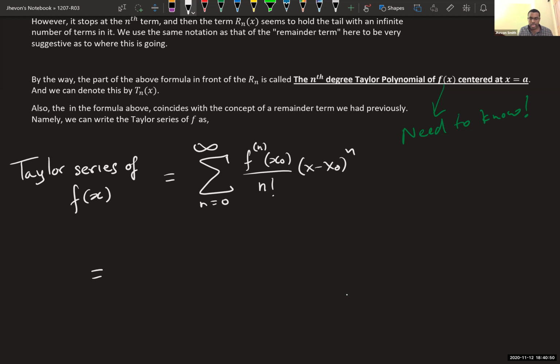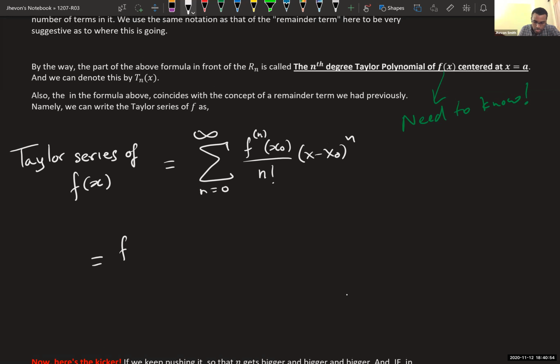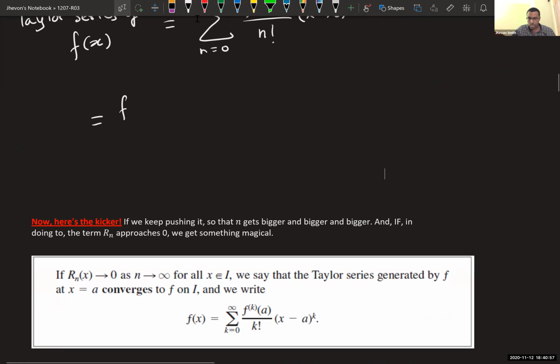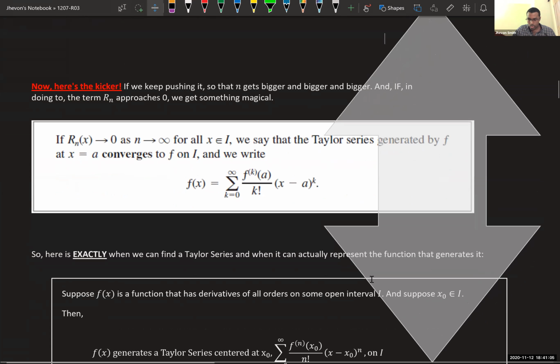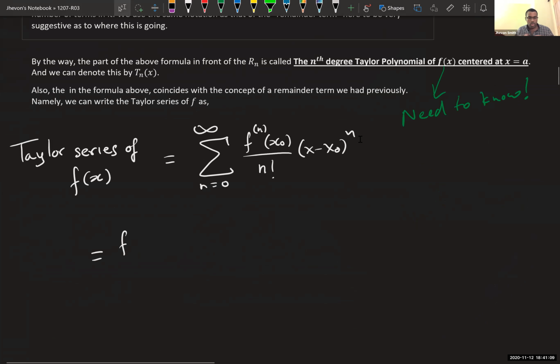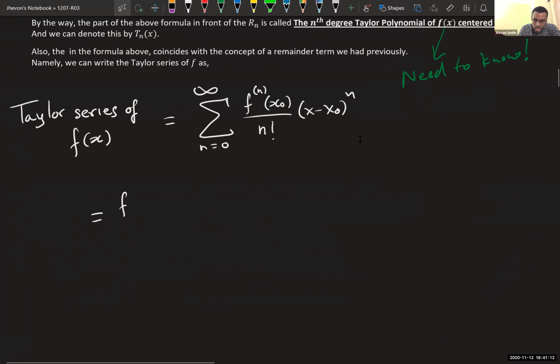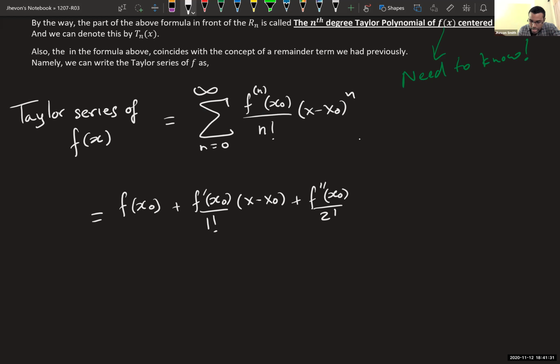Now, if you were to start writing this out, it's going to look like f of x0 plus f prime at x0 over 1 factorial times x minus x0, plus f double prime at x0 over 2 factorial times x minus x0 squared, plus dot dot dot, and you keep going up to a point where you're at the nth degree, right?